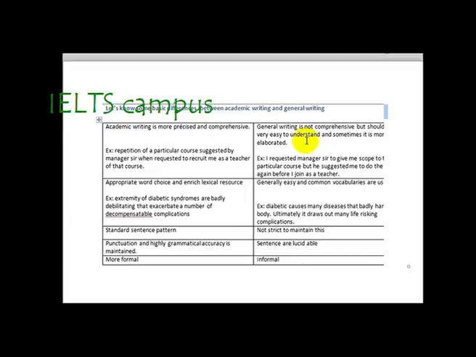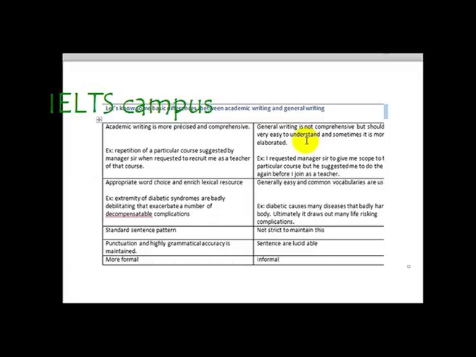And standard sentence pattern is also very important in academic writing. For general writing, there's no strict rule to be maintained. Punctuation and high grammatical accuracy are the noticeable benchmarks of your academic writing.